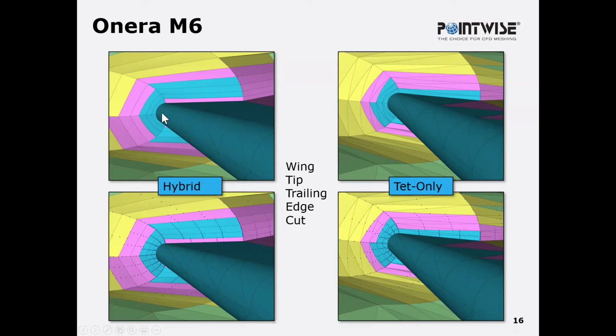And from the colours, you can see close to the high curvature, for both the hybrid and the TET-only mesh, you have the higher order elements, and further away from the surface it then becomes quadratic and then linear.